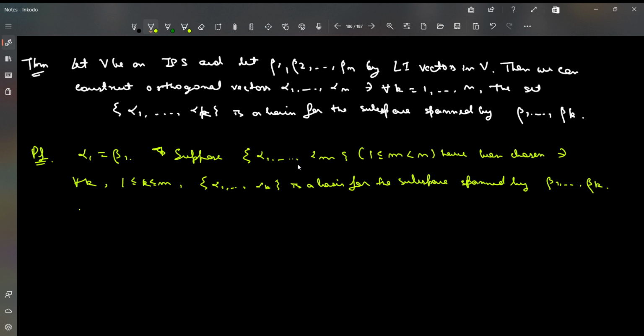Okay, define alpha m plus 1, that is the m plus 1th vector which we require, to be beta m plus 1 minus the summation k equals 1 to m of the inner product of beta m plus 1 with alpha k upon the norm of alpha k squared, times alpha k.